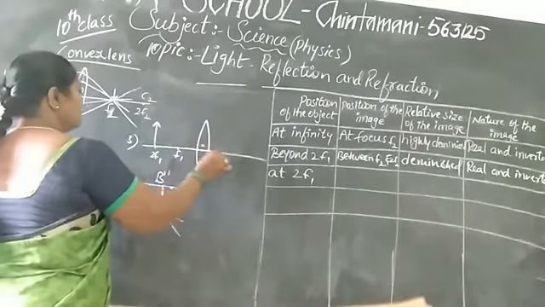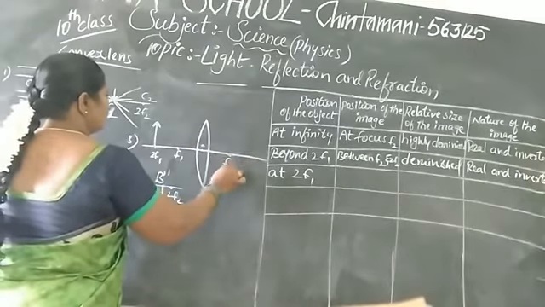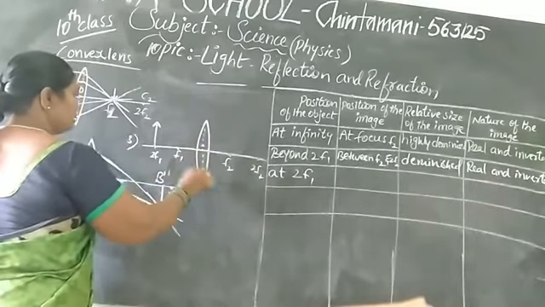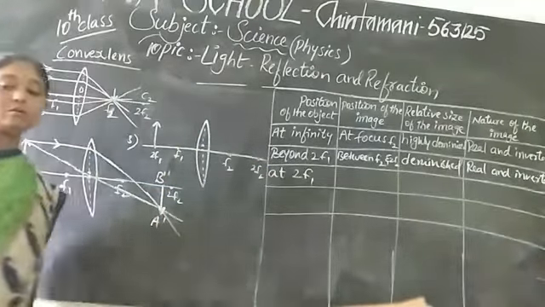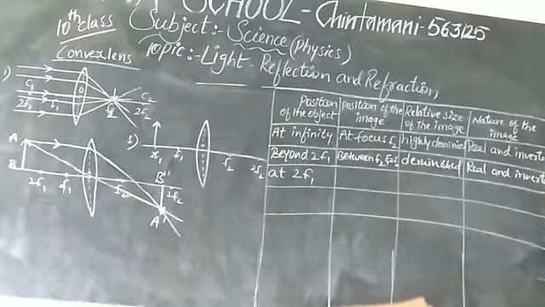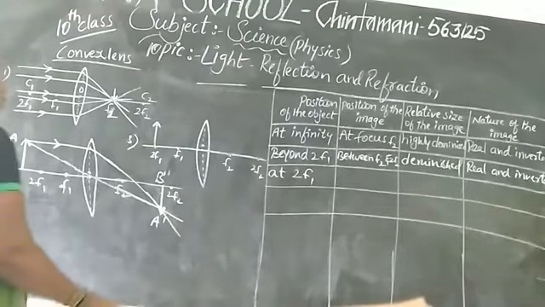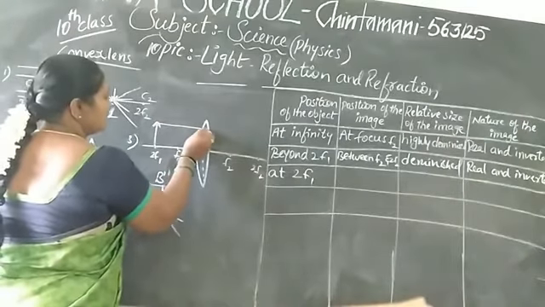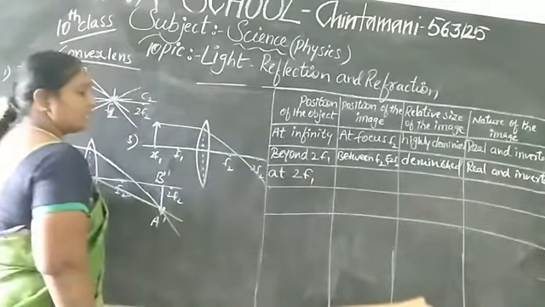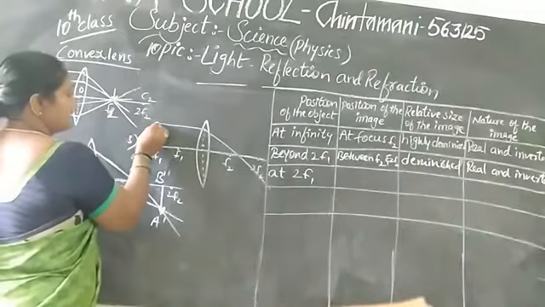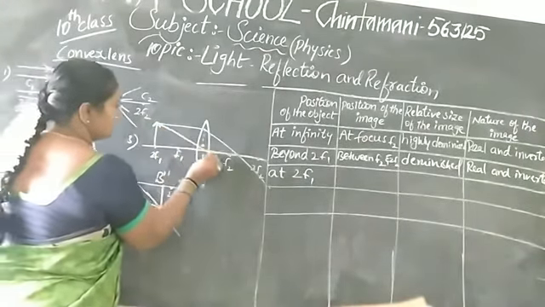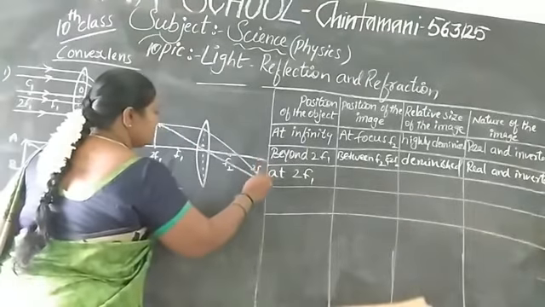So draw the optic center. This side also F2 to F2. Now follow the rules for this. Where is it going to form? First, when you draw the parallel ray, it is going to be deviated, and when it is focusing towards the center, it is going to meet at a point.